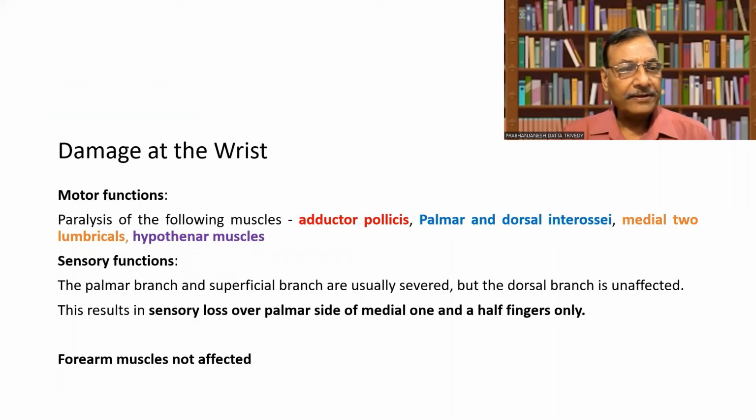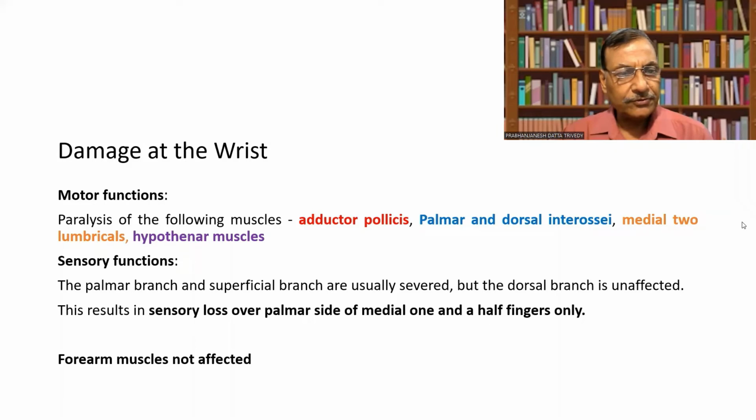What will happen when the damage occurs at the wrist? The paralysis of the following muscles will occur: adductor pollicis, palmar and dorsal interossei, medial two lumbricals, and hypothenar muscles.